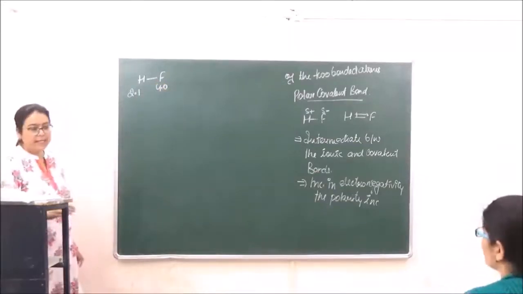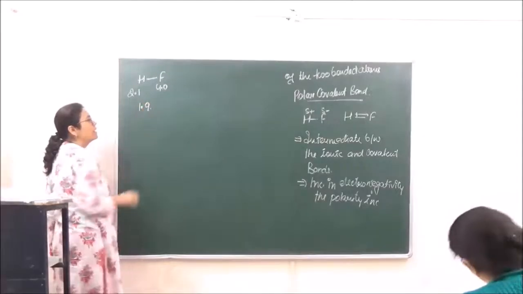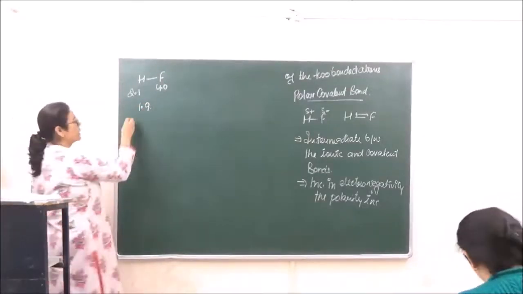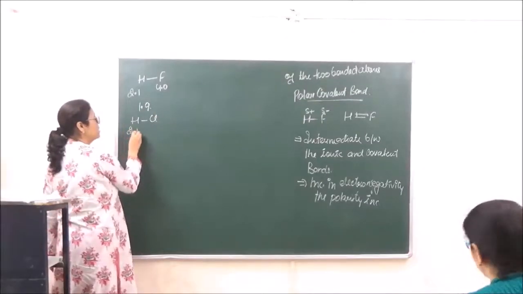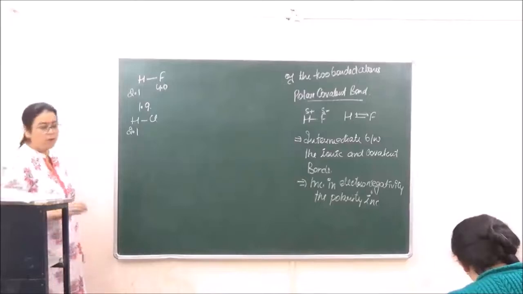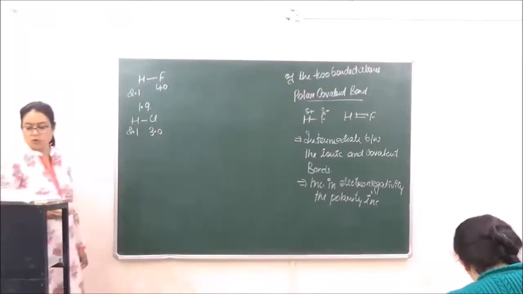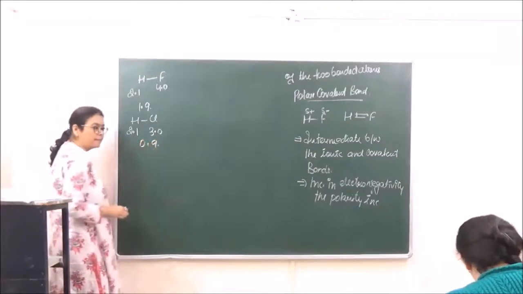So the electronegativity difference comes to 1.9. Similarly, for HCl, the electronegativity of hydrogen is 2.1, whereas that of chlorine is 3.0. So the electronegativity difference here comes to 0.9.